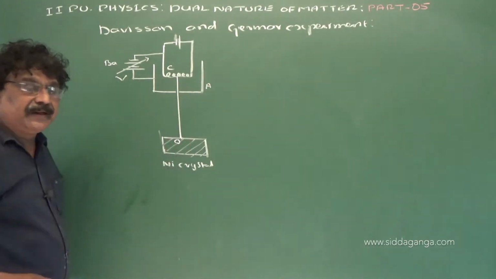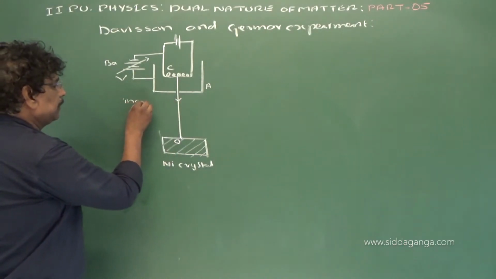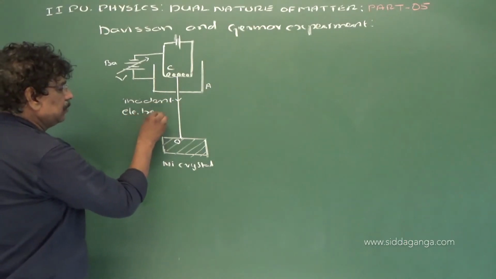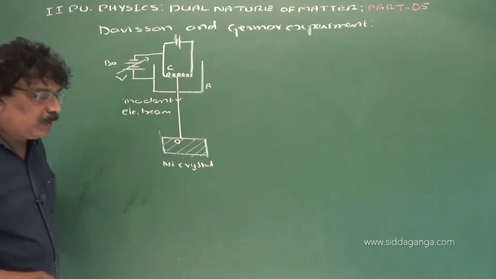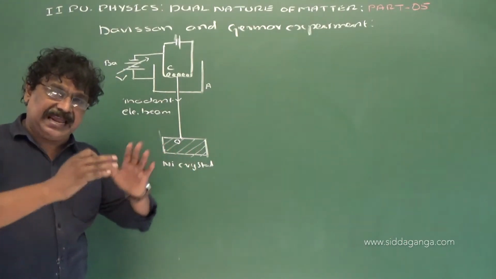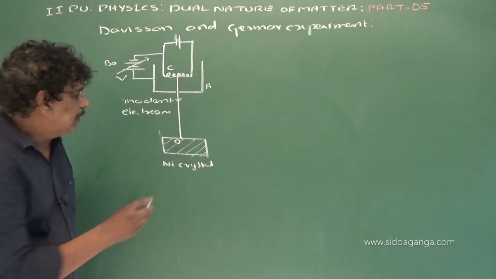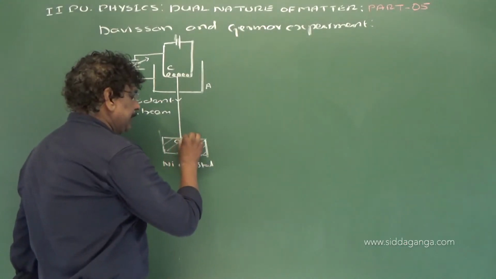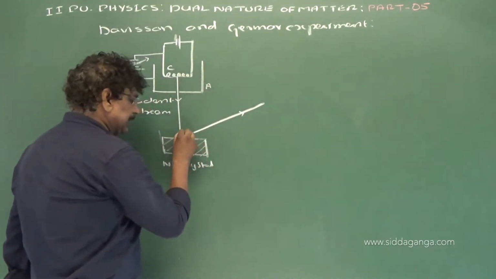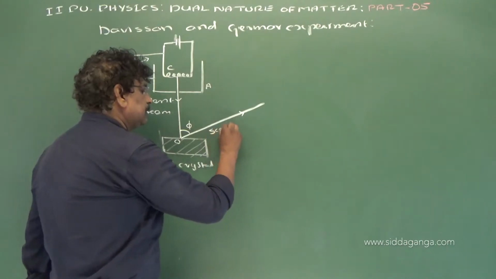This is the point of incidence, and this is the incident electron beam. Now this incident electron is scattered in all directions with some angle of scattering. Suppose a beam of electrons is scattered through an angle phi, this is a scattered electron beam.